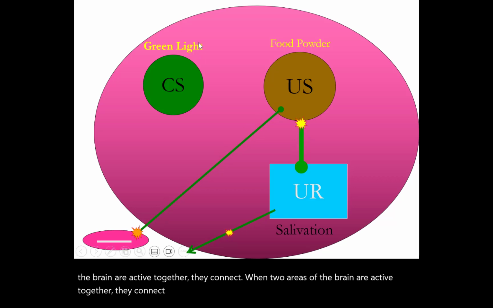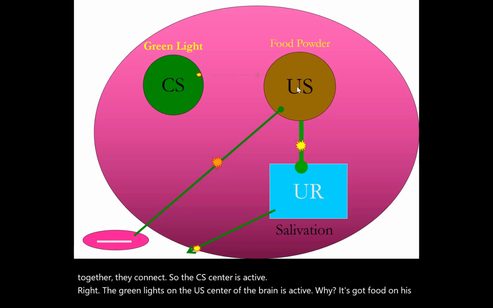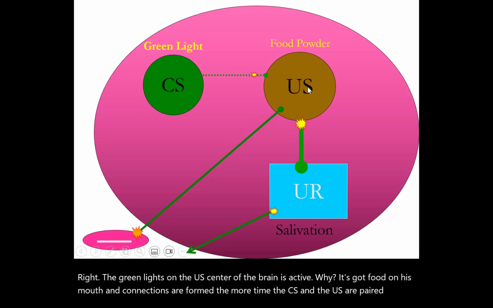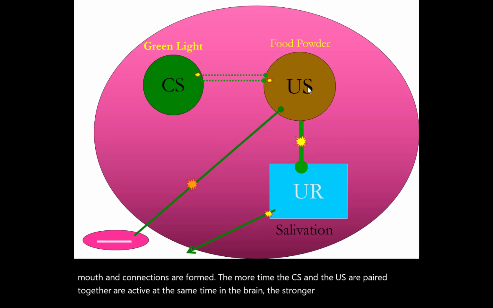So the CS center is active. Why? The green light's on. The US center of the brain is active. Why? It's got food in its mouth. And connections are formed. The more times the CS and the US are paired together, active at the same time in the brain, the stronger the association.